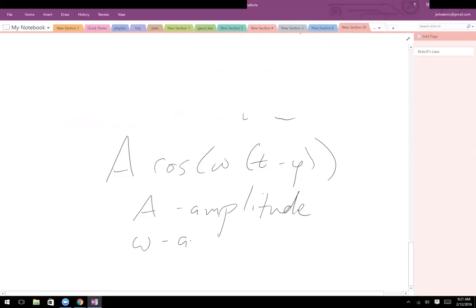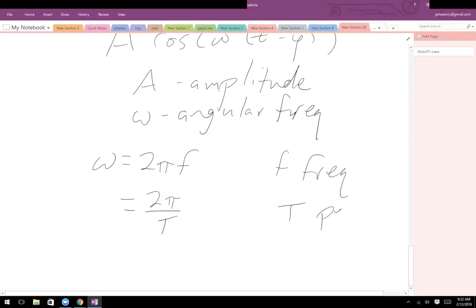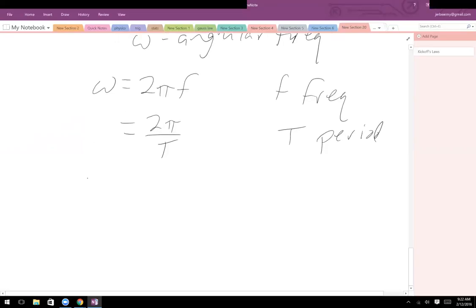Omega is the angular frequency, which is 2 pi f, where f is the regular frequency. And this is also 2 pi over T, where T is the period. And even though you can get it from what we already have, the frequency is 1 over the period and vice versa.